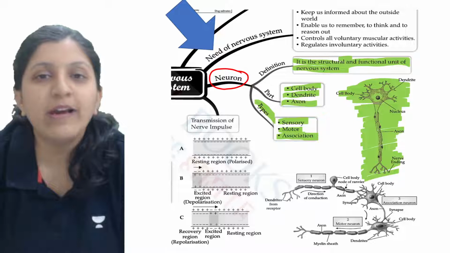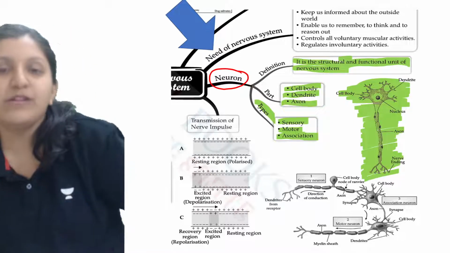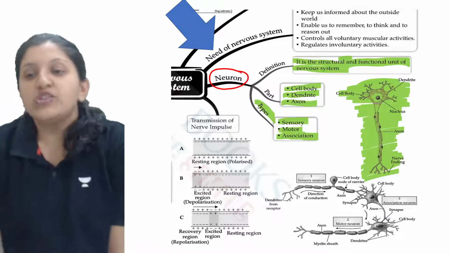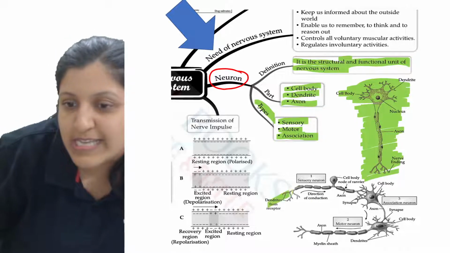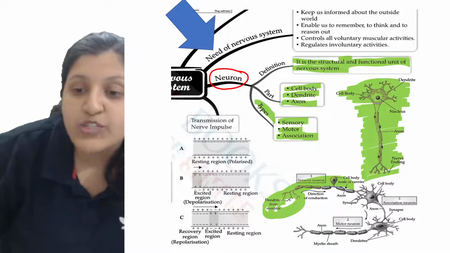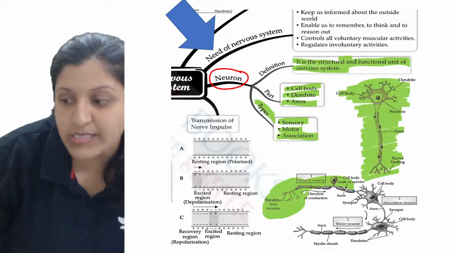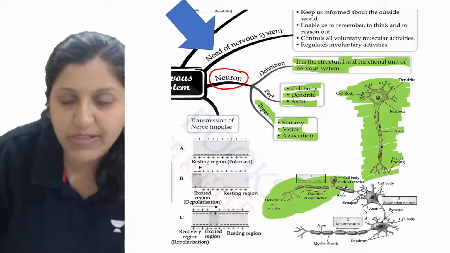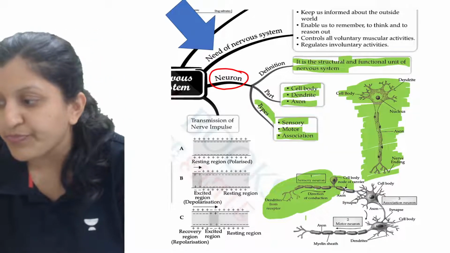So there will be a connection that flows from a receptor back to the muscle or the gland for the specific function. Here in this picture, this is the sensory neuron. What is the sensory neuron doing? The dendrites at the receptor receive that stimulus, that is the change. Once the stimulus has been received, the impulse will travel through the sensory neuron.